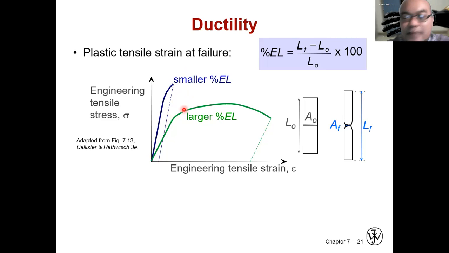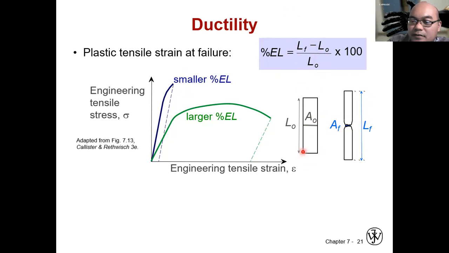So ductility is defined as the percentage of elongation: the final length minus the original length divided by the original length. For example, when we apply tensile stress at its two ends, pulling it, the final length is a permanent deformation.